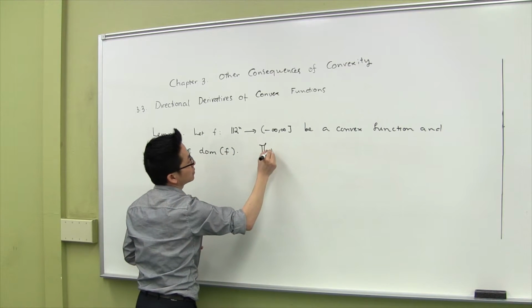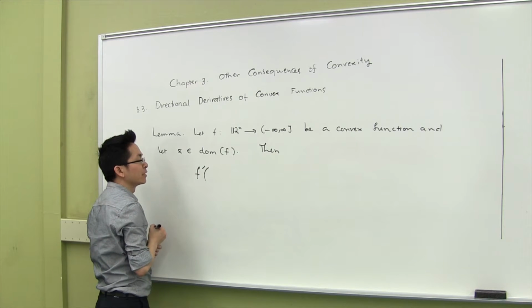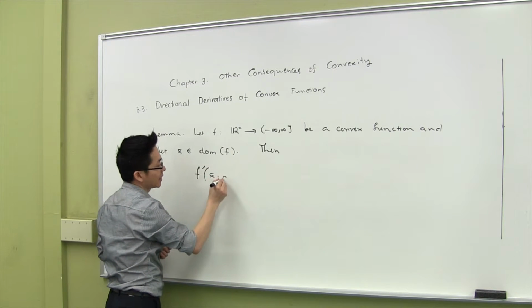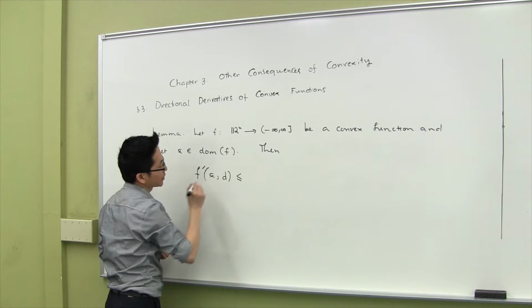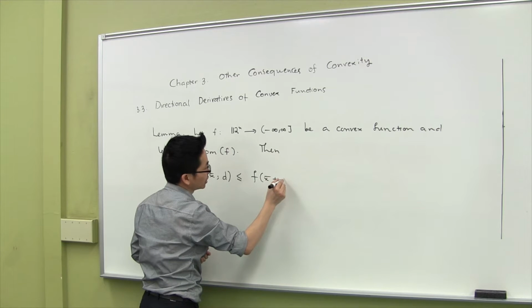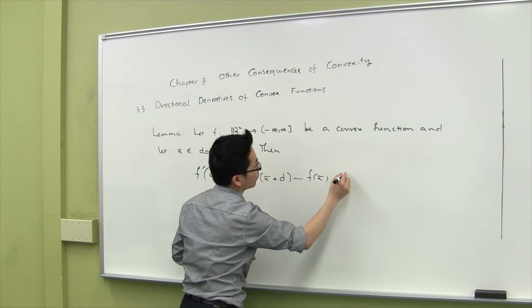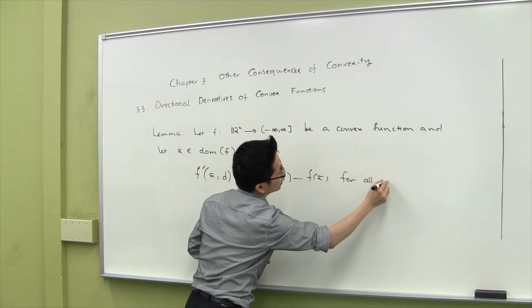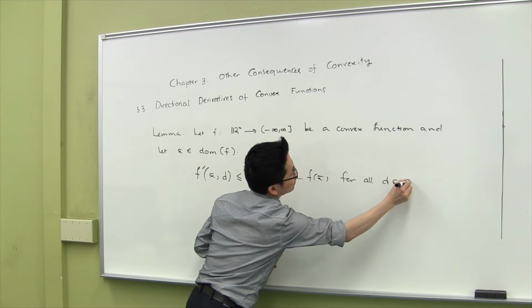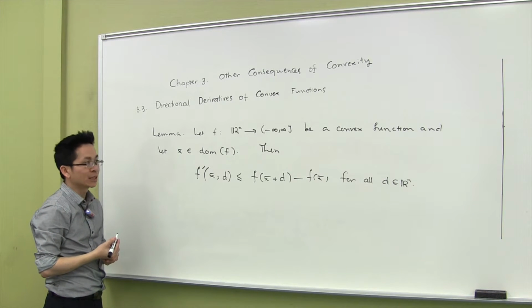Then the directional derivative of f at x bar in any direction d is always less than or equal to f of x bar plus d minus f of x bar, and this is true for all d in Rn. Okay, the proof of this lemma is very simple.